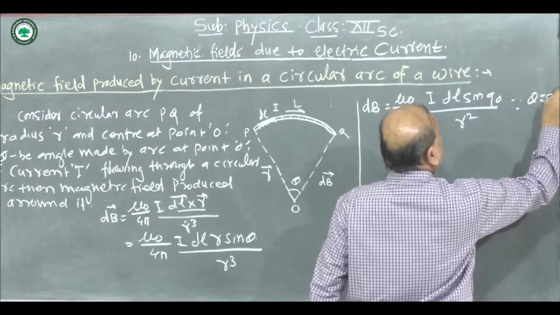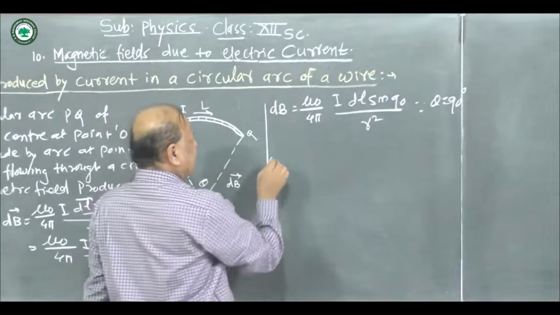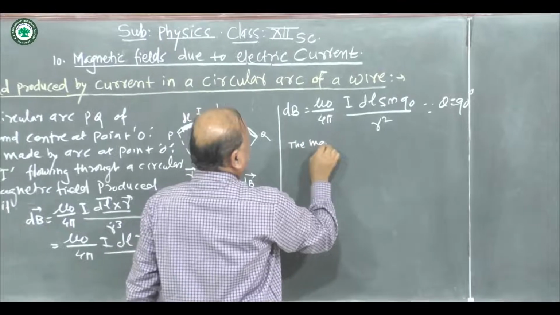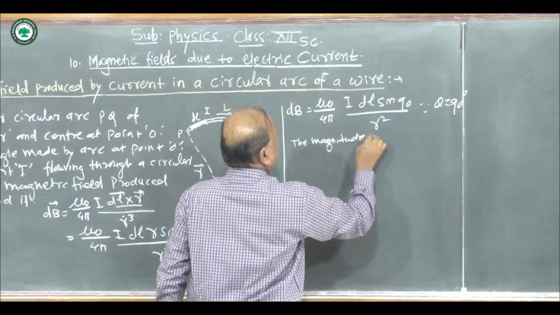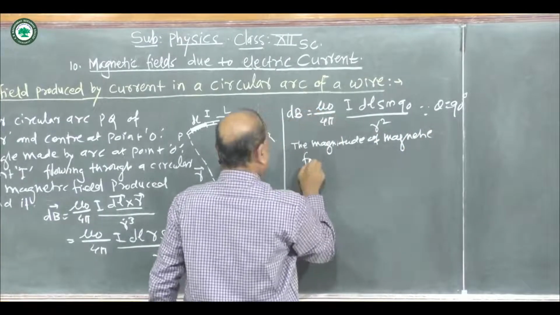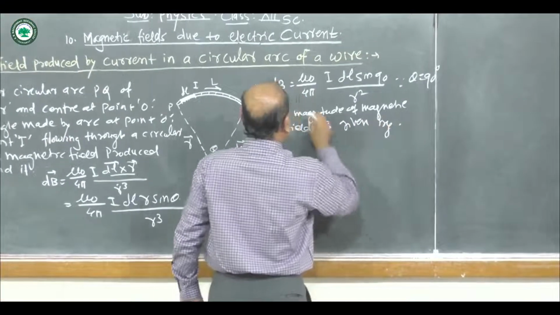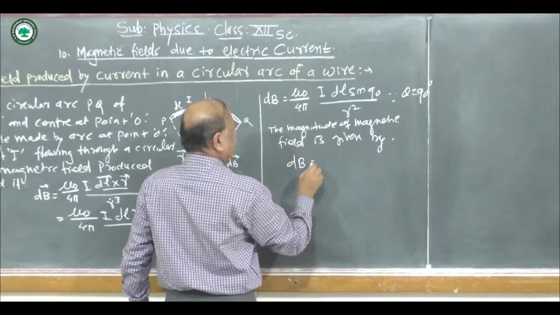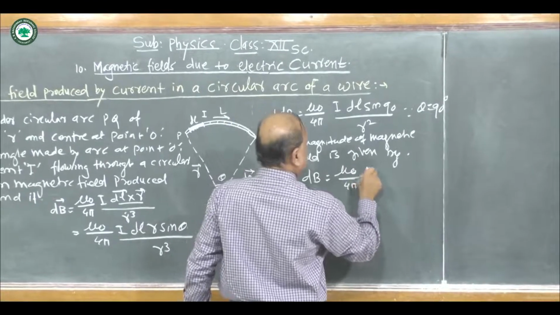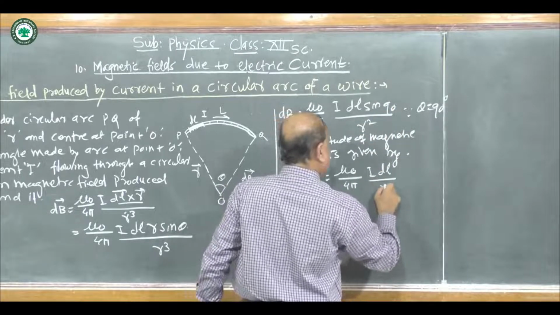Here theta is equal to 90 degrees, and sin 90 is 1, so the magnitude of the magnetic field is given by dB equals mu 0 upon 4 pi, I dl divided by r square.